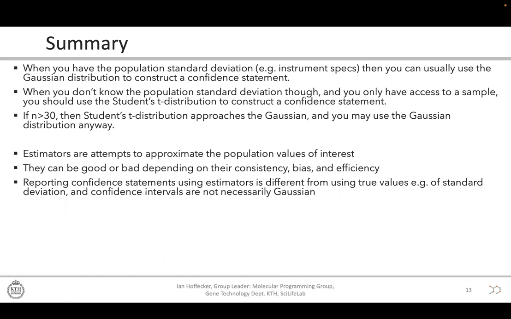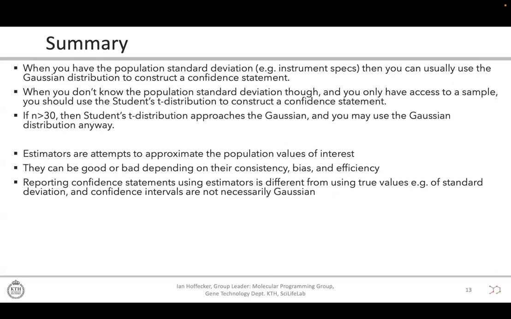So that's convenient. And just to recap things, you have estimators. They're an attempt to approximate these population values. And of course, that's what we always care about. We want to know the population value. And we're using experimentation to give us information about it. But those experiments are going to be imperfect, so we need to use estimators. And they're going to be good or bad depending on their consistency, their level of bias, and how efficiently they estimate the population values.